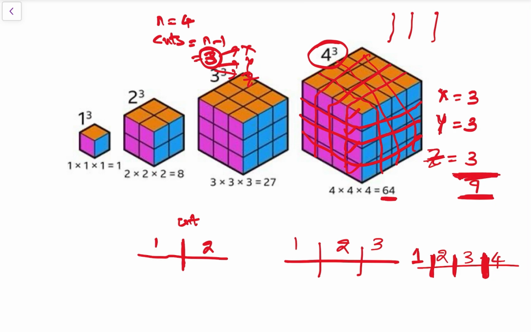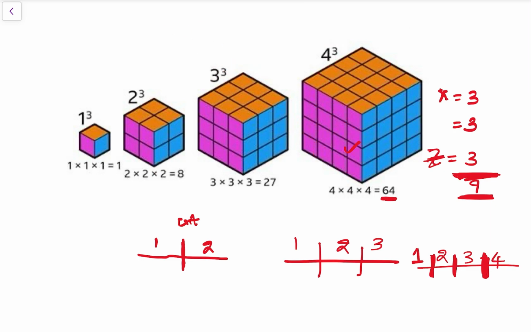Now let's understand this comprehensively. For one cube, n is equal to 1, so we have one cube. Then here n is equal to 2. When n is equal to 2, the total cubes we will get is n cube, that is 2 cube, which is 8.